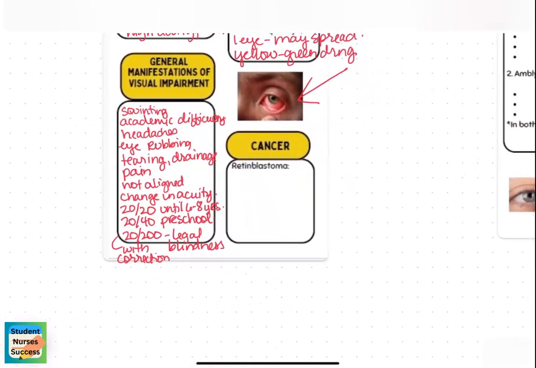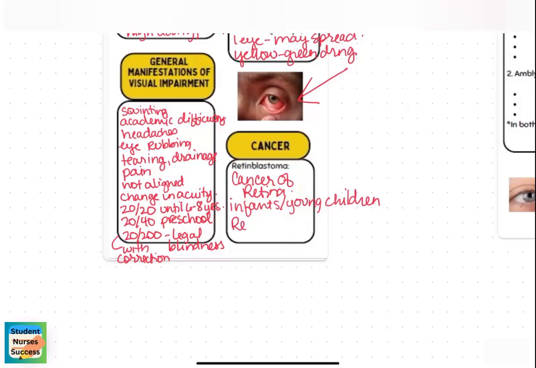There's one cancer I'd like to talk to with regard to the eye, and that's retinoblastoma. And that's a cancerous tumor of the eye. As far as identifying retinoblastoma, it usually affects infants or young children. And how you would identify it is during a red reflex test.